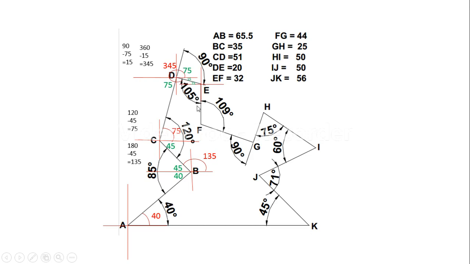So the angle from this red line to this black line will be 105 minus 15, which is 90. Check: 90 plus 15 gives 105.